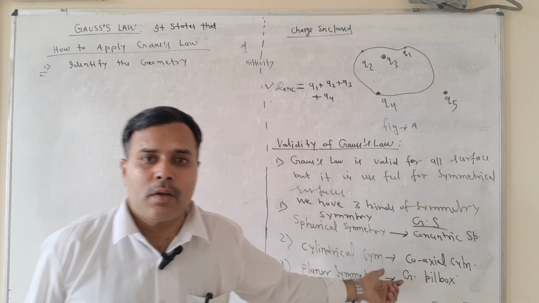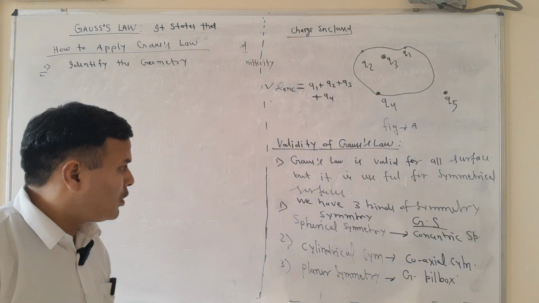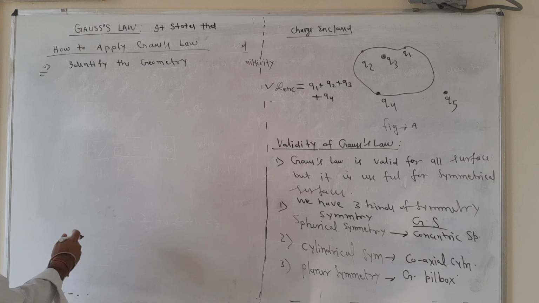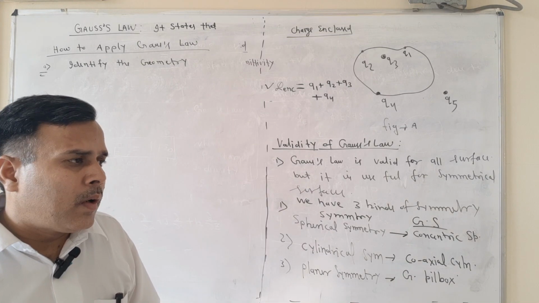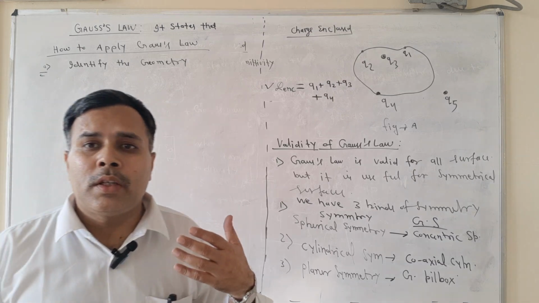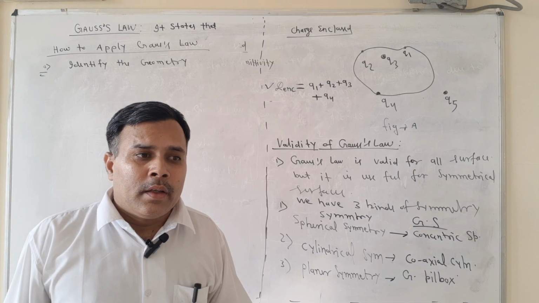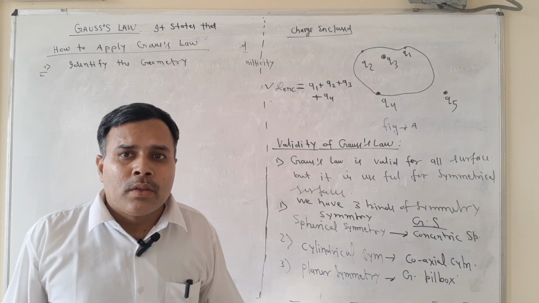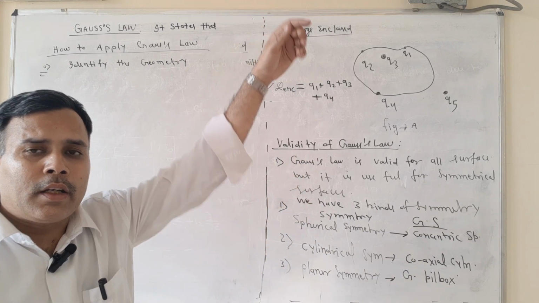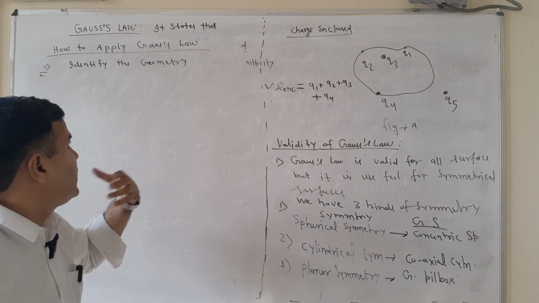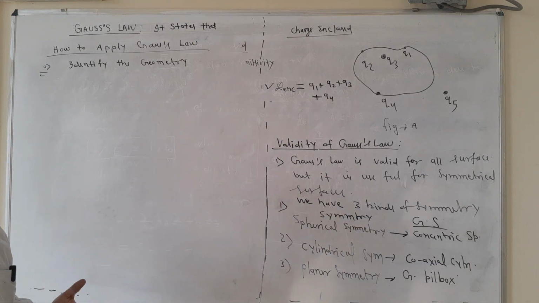So this is again an objective statement question. How to apply the Gauss law? Gauss law is used to find out the electric field. So there are a few steps through which we can apply the Gauss law in order to find out the electric field.